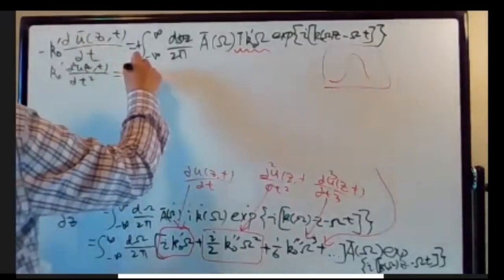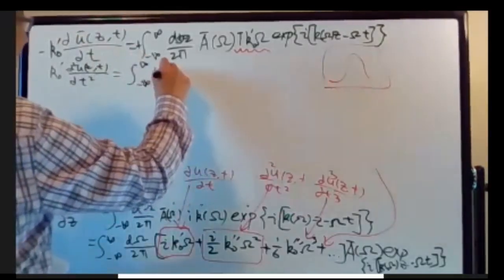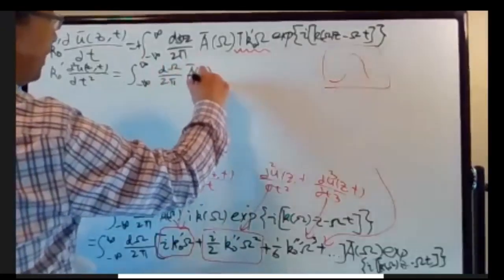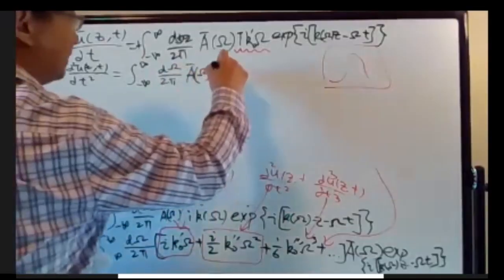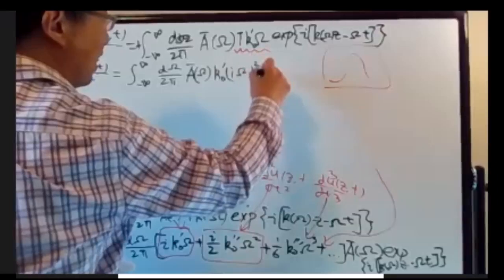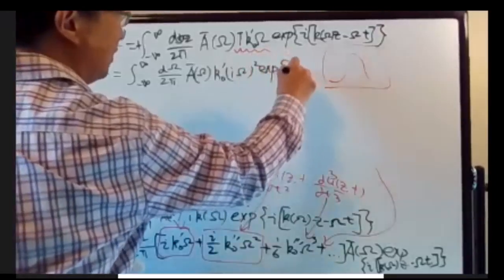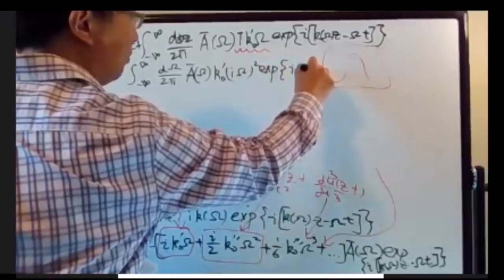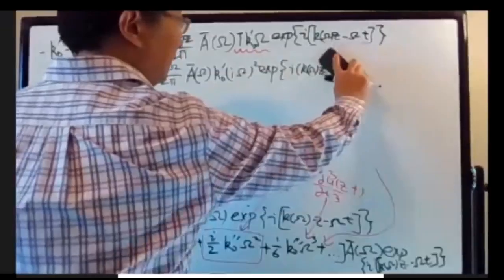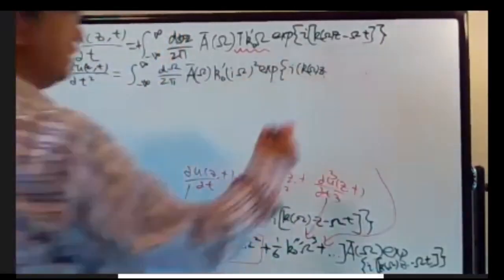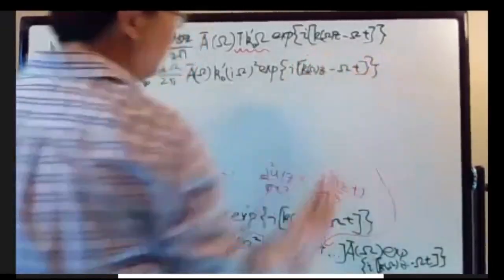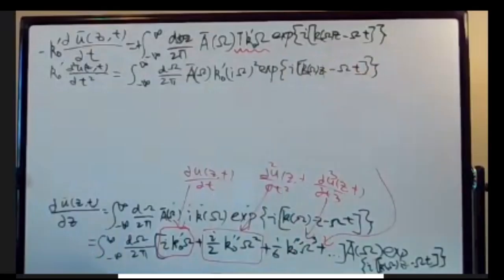But let's actually write together the integral from negative infinity to infinity of d omega over 2 pi, a bar omega, so let's do k naught prime i omega squared exponential i (k omega z minus omega t), right? So that's this piece.